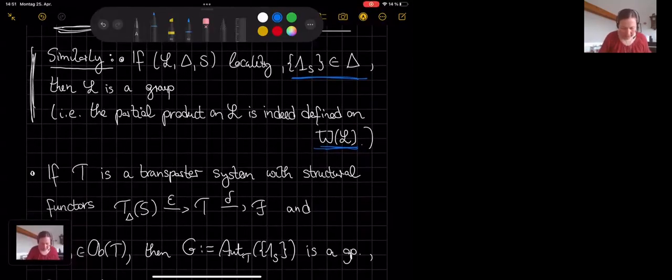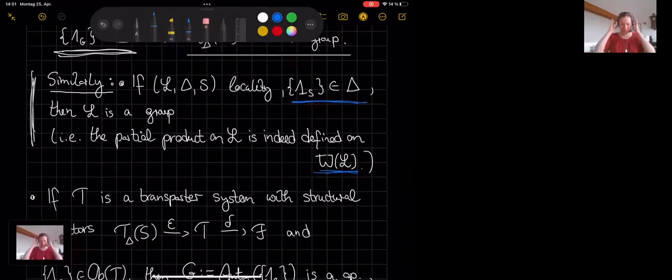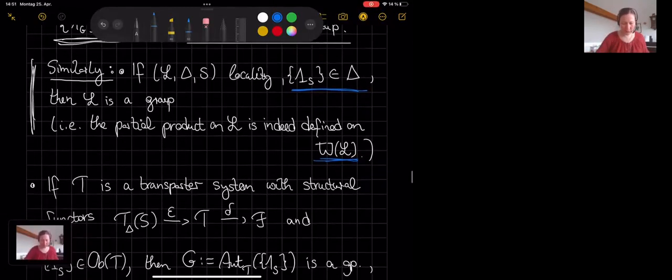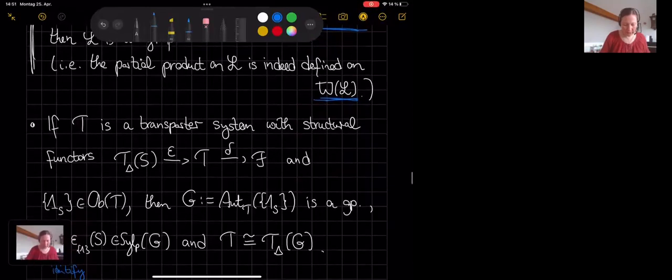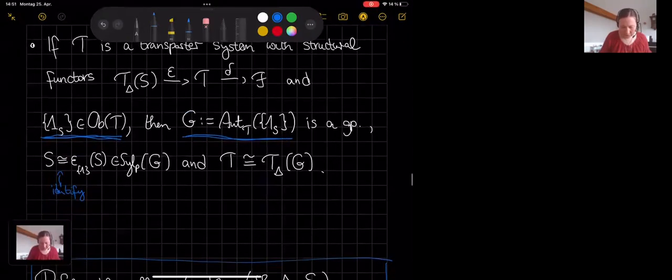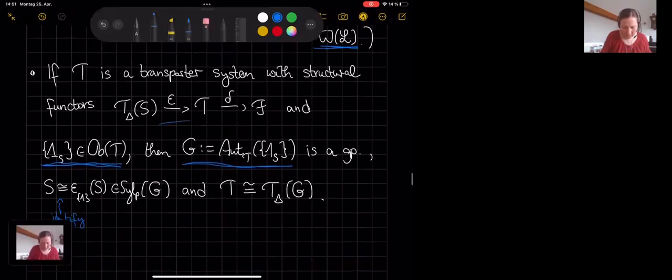Similarly, I said localities and transporter systems are equivalent, so I could similarly look at a transporter system where the identity subgroup is an object, and then I could look at the automorphism group of the identity subgroup. That's a group. I can more or less embed S into this via this functor here.